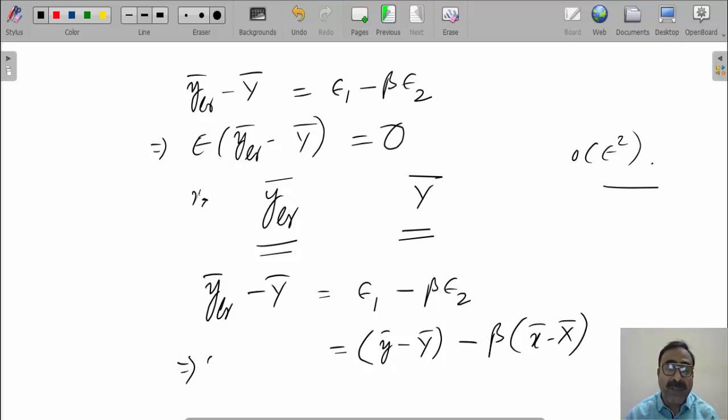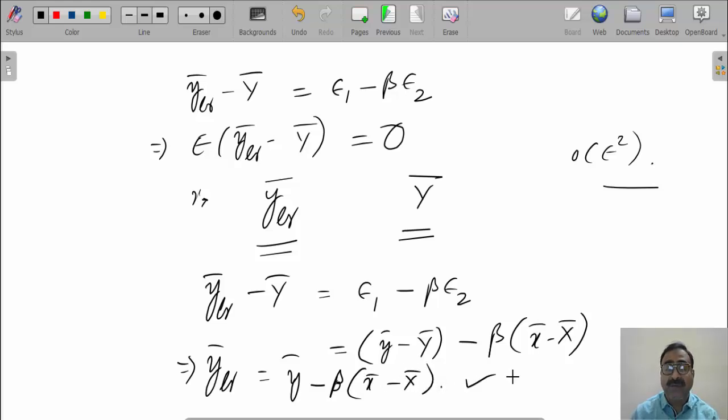So that implies YLR bar equal to small y bar plus beta times Y bar minus beta times small x bar minus capital X bar. So this is our linear regression estimator. So now let this be equation 1.